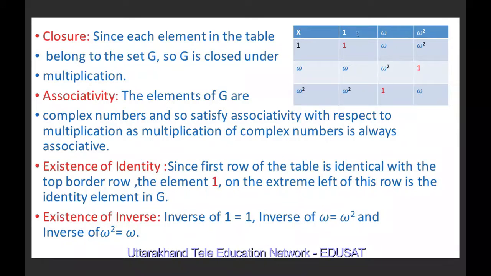These are not identical with the elements of the top border row. Also, the elements of the second row are omega, omega square, 1. These are also not identical with the top border row. But the elements of the first row and the top border row are identical, which are 1, omega and omega square.